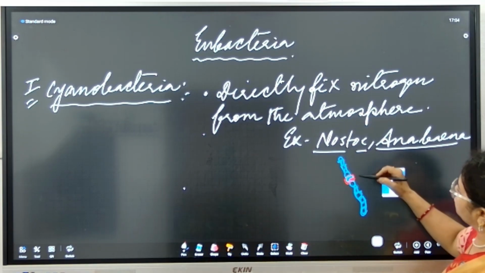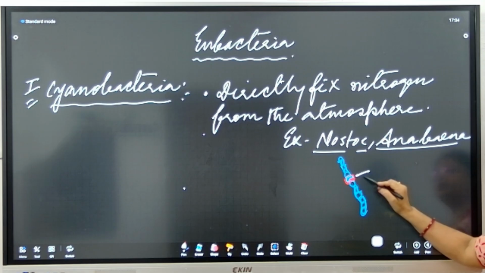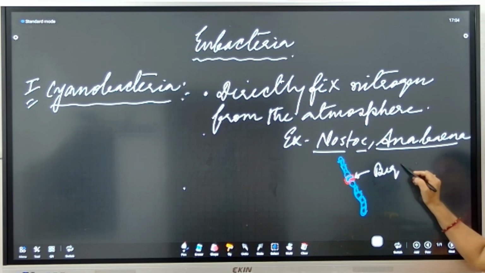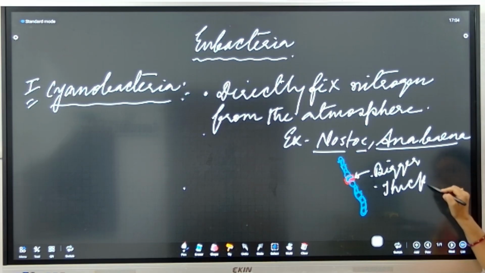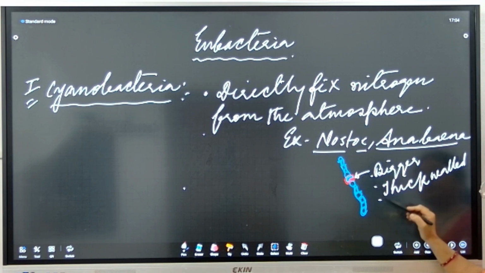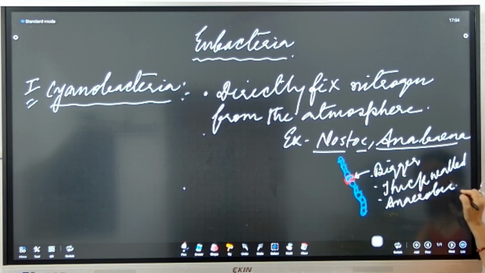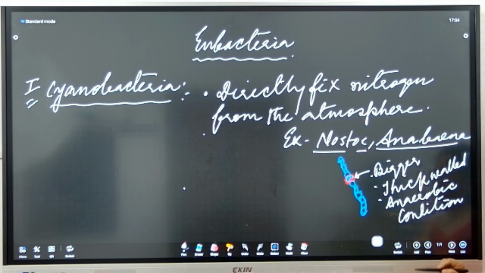Now see, this one, the red one, is a bigger cell. Bigger, and thick walled. Here, anaerobic condition is maintained. Everything I will explain now. So this typical cell fixes nitrogen, N2.